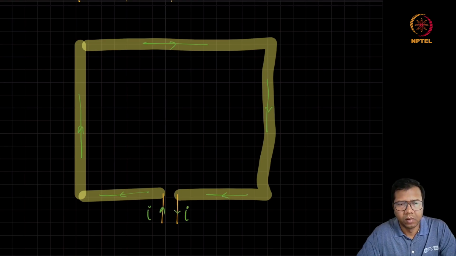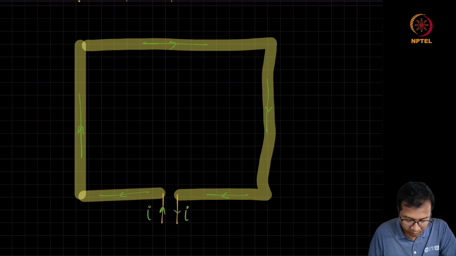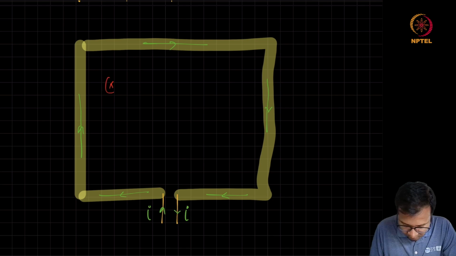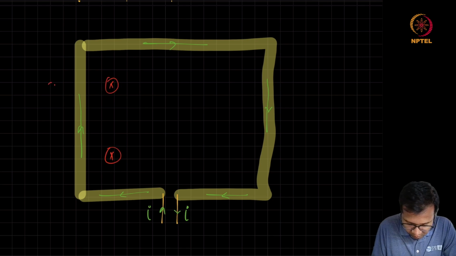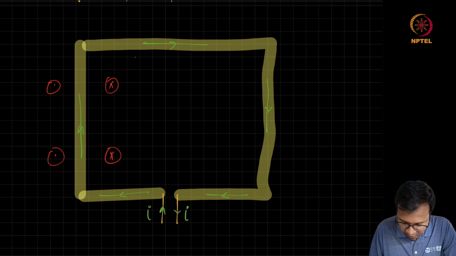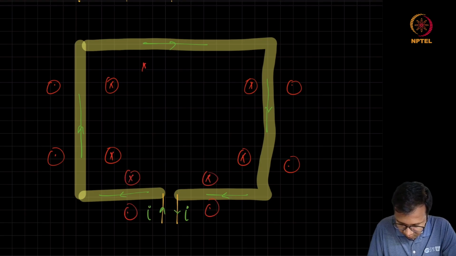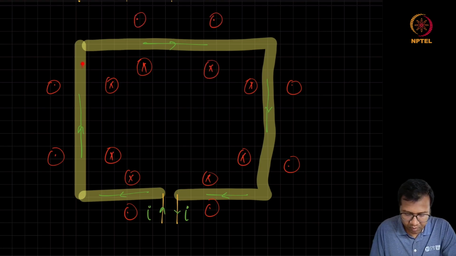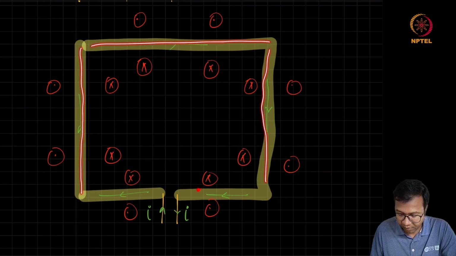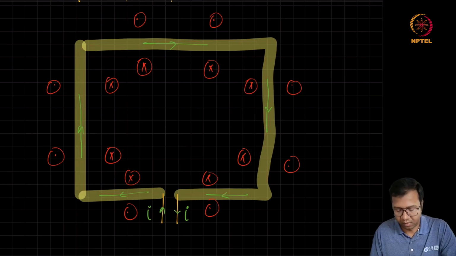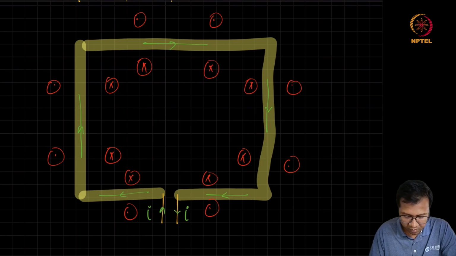We can also draw the corresponding magnetic field associated with each of the segments of this loop. Because each of these segments is going to have its own associated magnetic field, we can easily find out their individual inductance.